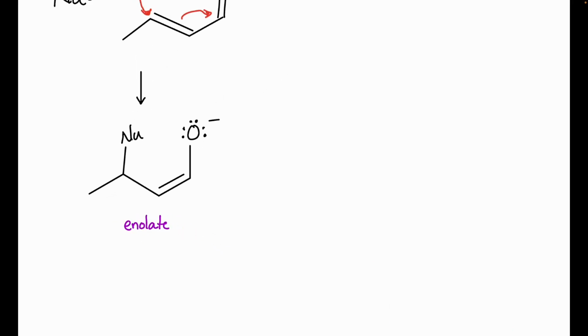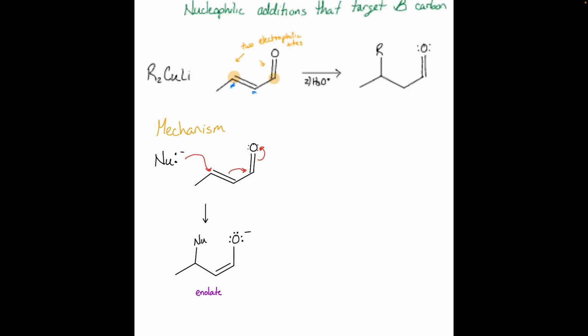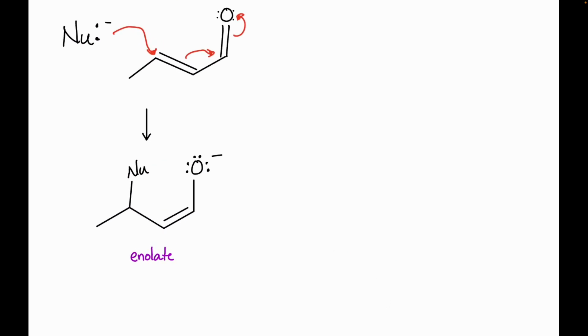And then the next step in this mechanism uses that acidic medium, so we can protonate that oxygen. You could also complete this mechanism using the other resonance structure of our enolate ion. But the bottom line is under acidic conditions, we can protonate that oxygen.